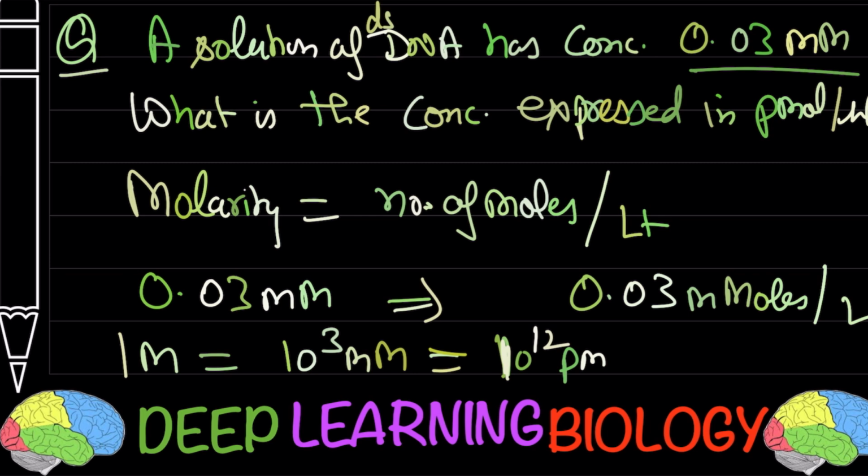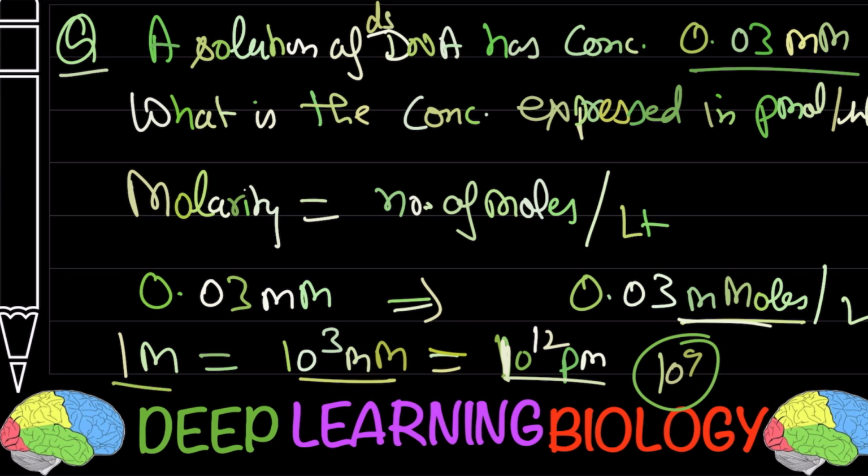Now if you have to convert millimole to picomole, there is going to be a difference of 10 to power 9. So to convert millimoles into picomoles, you multiply by 10 to power 9. 1 mole is equal to 10 to power 3 millimoles, or 10 to power 12 picomoles.